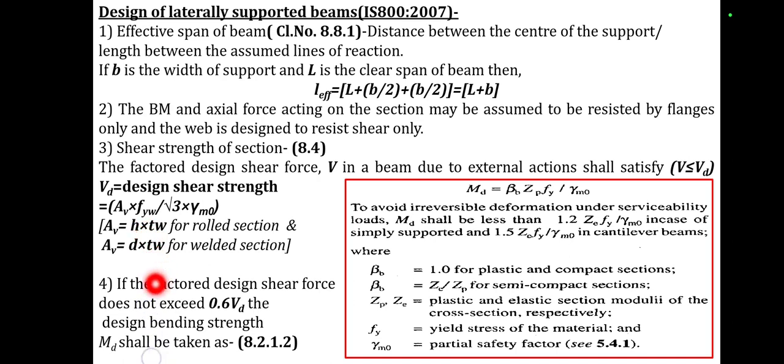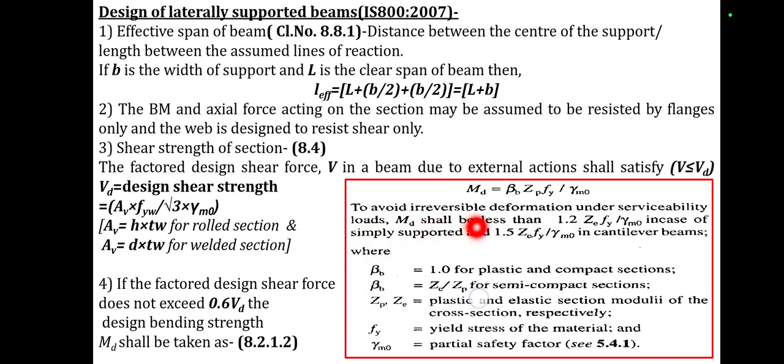Then if the factored design shear force does not exceed 0.6 Vd, the design bending strength Md can be calculated by the formula from clause number 8.2.1.2, and this Md is equal to beta b into Zp into fy upon gamma m0.